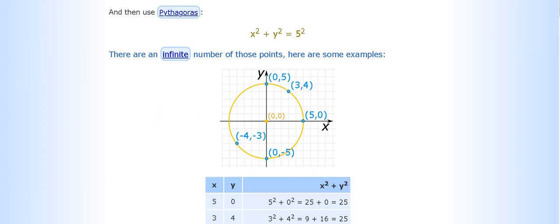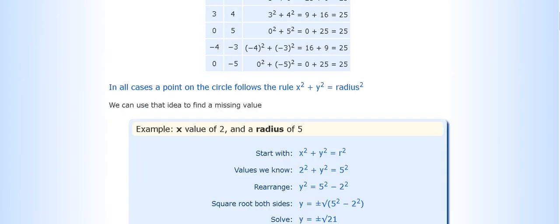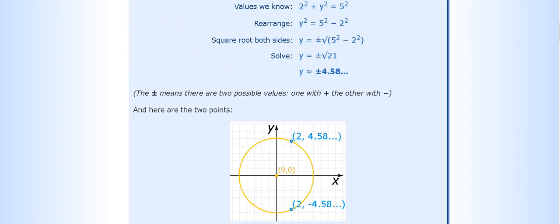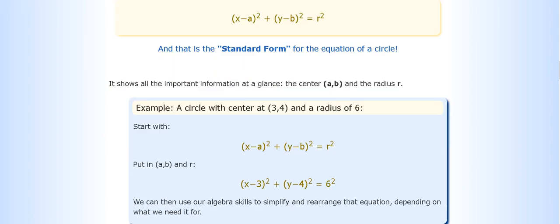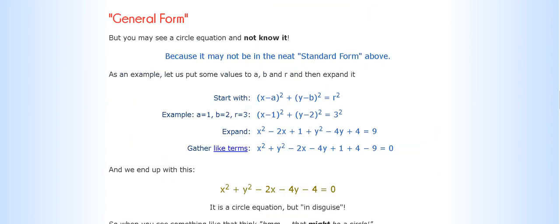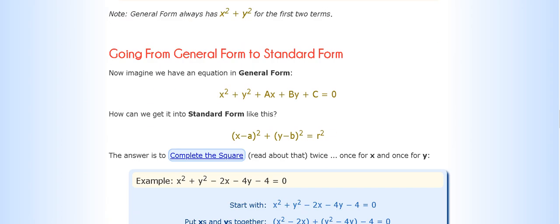Oh, here's circle equations. Here's the general form. You see that? And this is standard form.